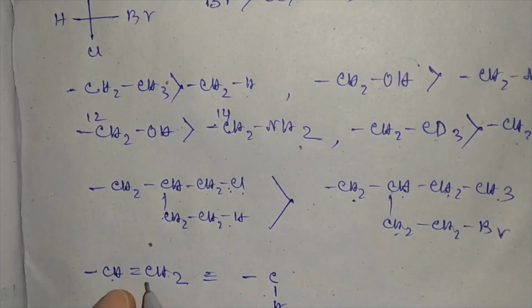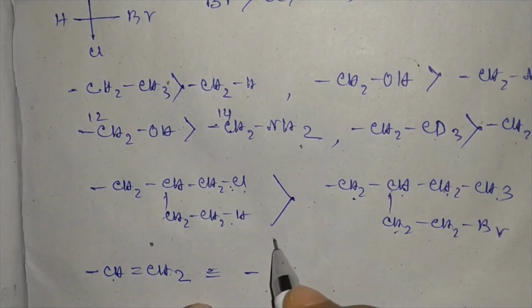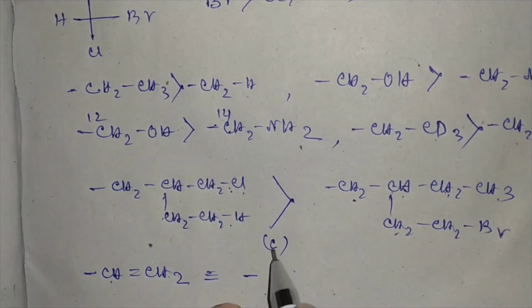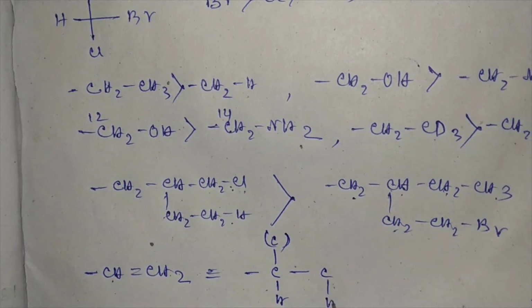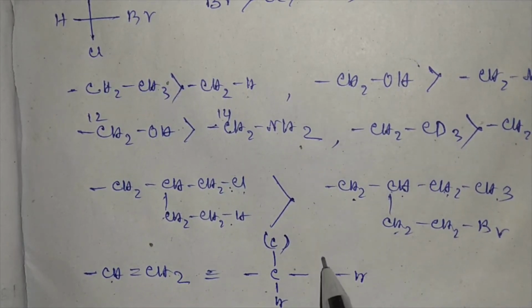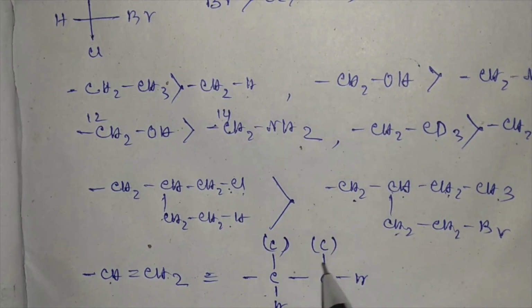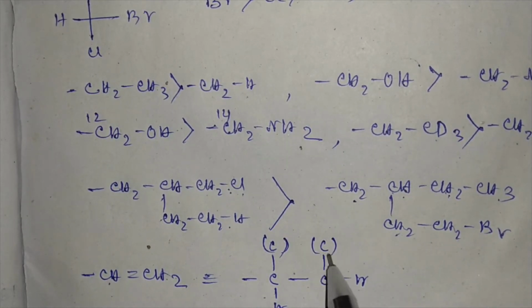Here the double bonded carbon is represented by a single bonded carbon, which is called phantom carbon. This carbon is also bonded to a single bonded carbon, which is also called phantom carbon.